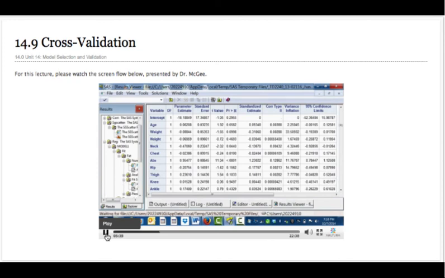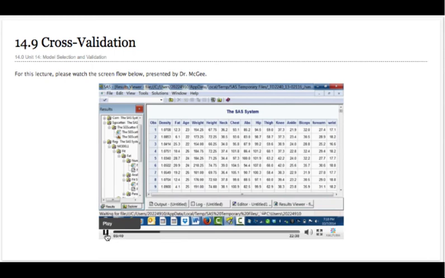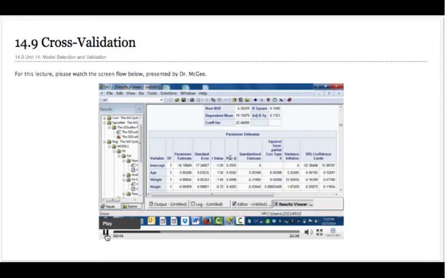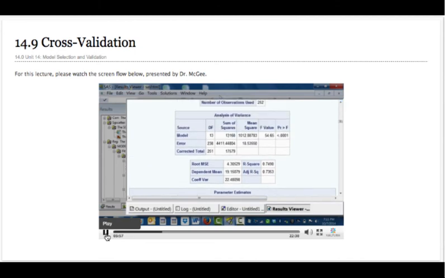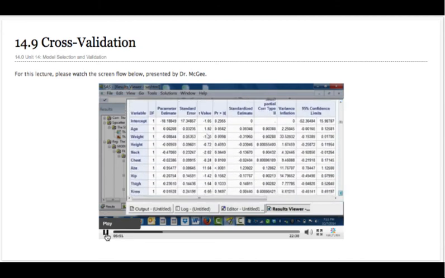So I'm going to go down to this plot, looking at the fit statistics. Here's my parameter estimates. Whoops, that's not where I want it to go. I'll just scroll down.